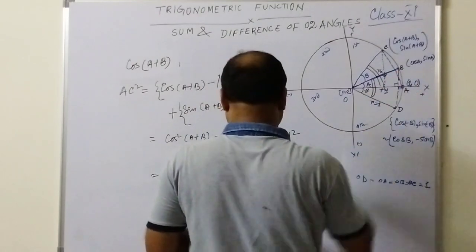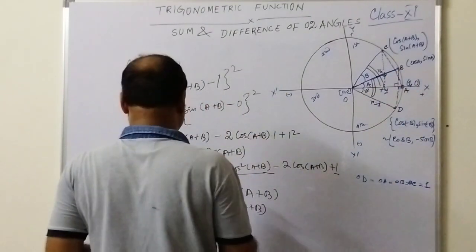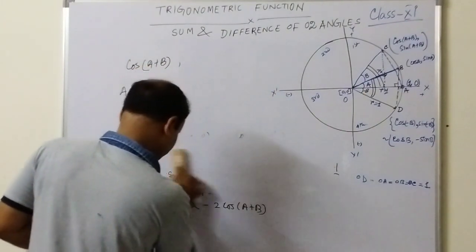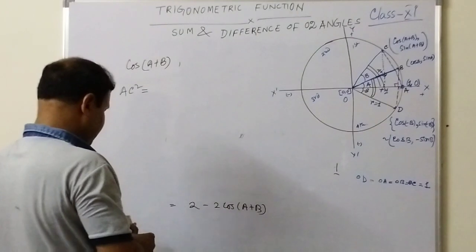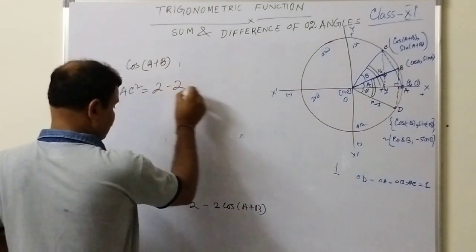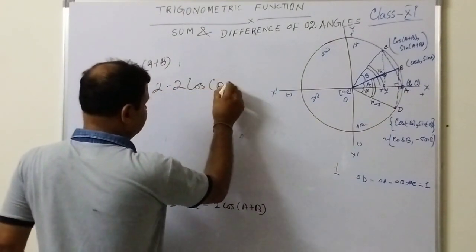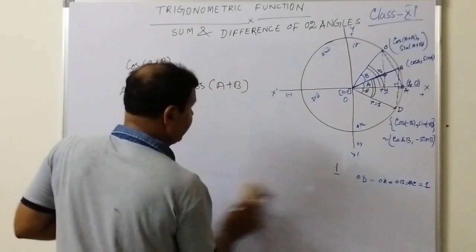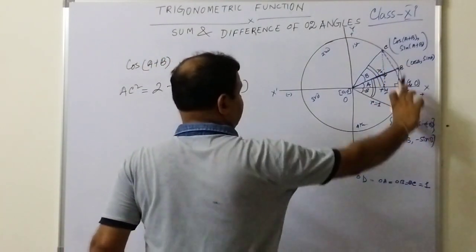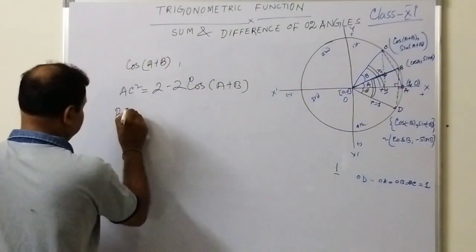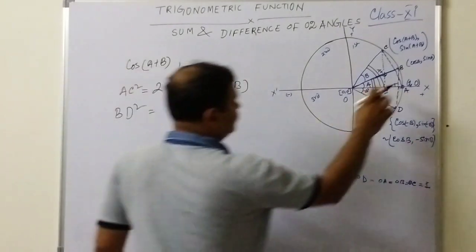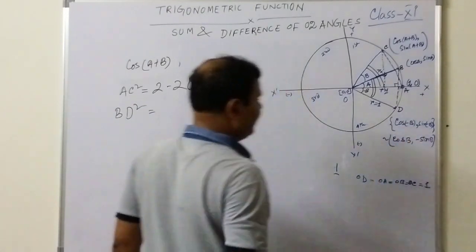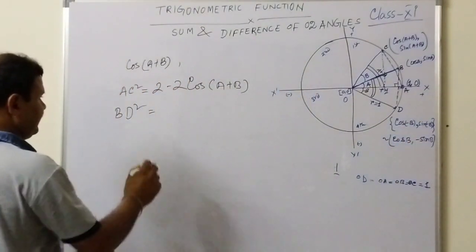Now let's find BD square. So AC square is from us, this becomes 2 minus 2 cos A plus B. Now let's calculate this length BD. Now BD square equals, so these are the coordinates cos A, sin A, and this is cos B, minus sin B. Okay?